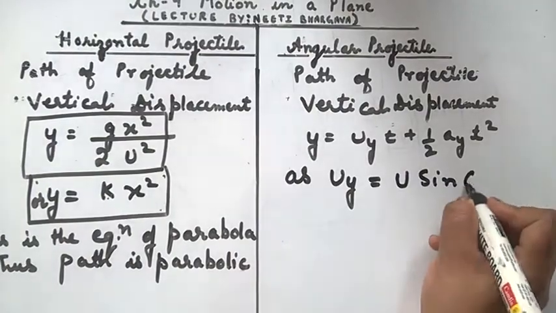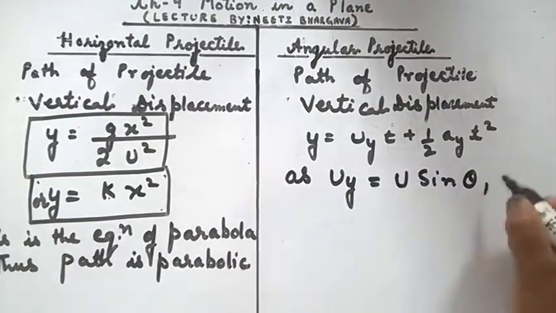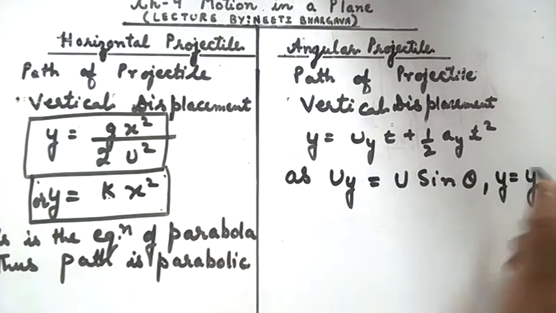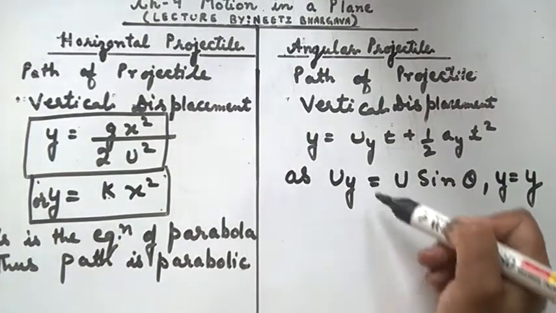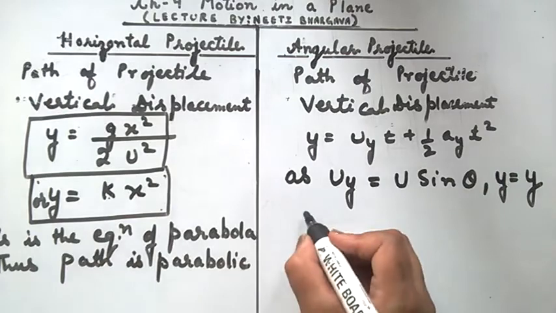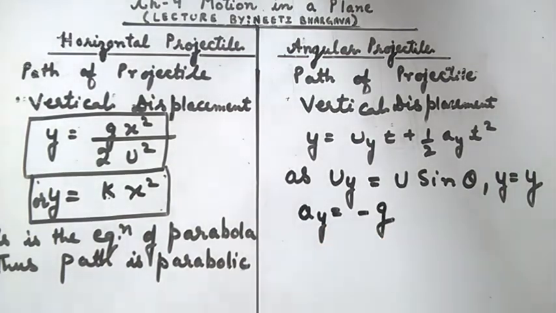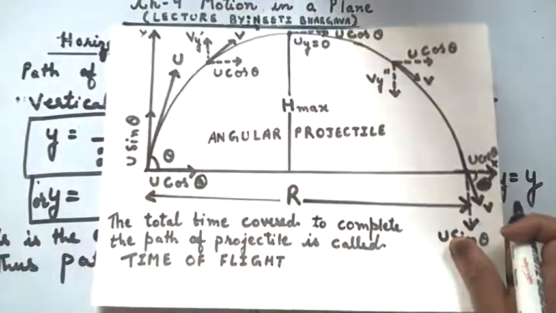And y is also positive. The acceleration along the y direction is negative, ay equals minus g, as we are moving in the upward direction.